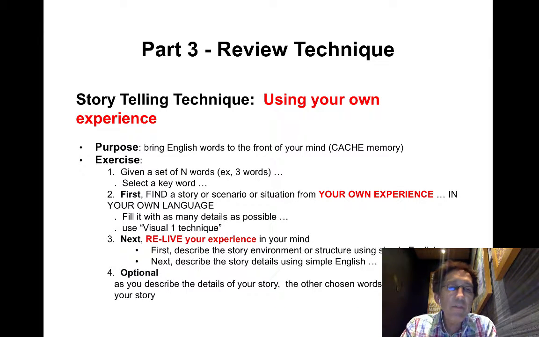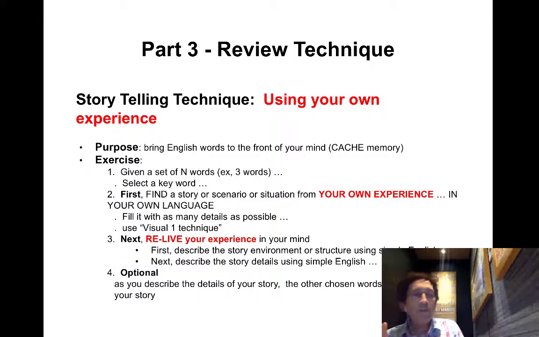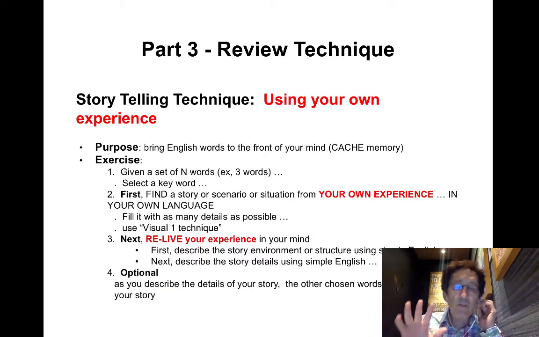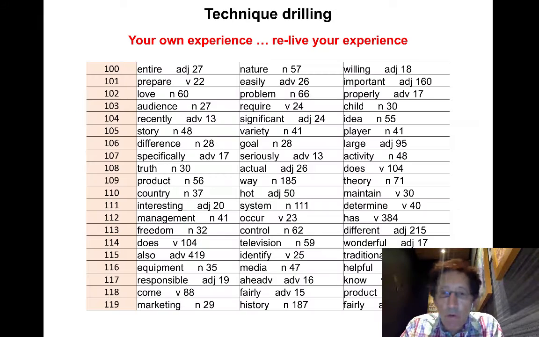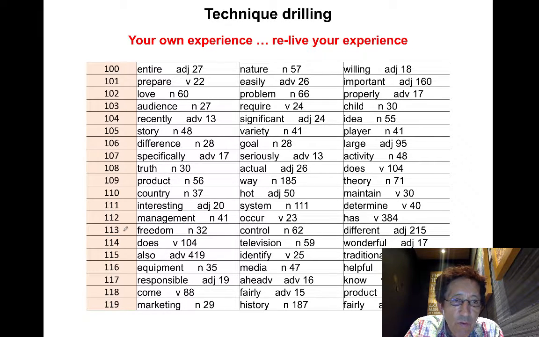26, please. Okay. So now this is our storytelling technique. This is storytelling like we always have. You're given 3 words. You choose a keyword, and then you find your own story, your own experience. So go to page 27. Since you're doing so well, I'm going to find something very difficult for you, Red. No, I'm kidding.